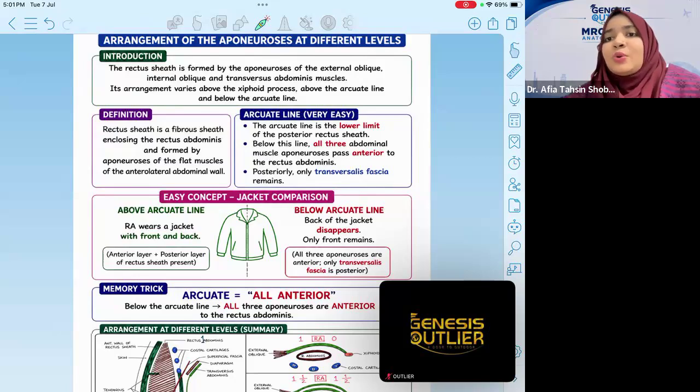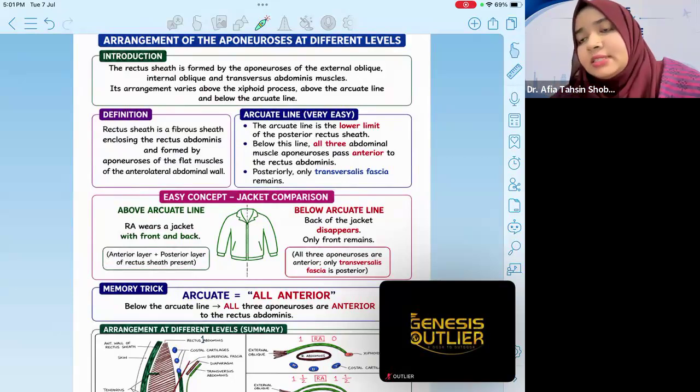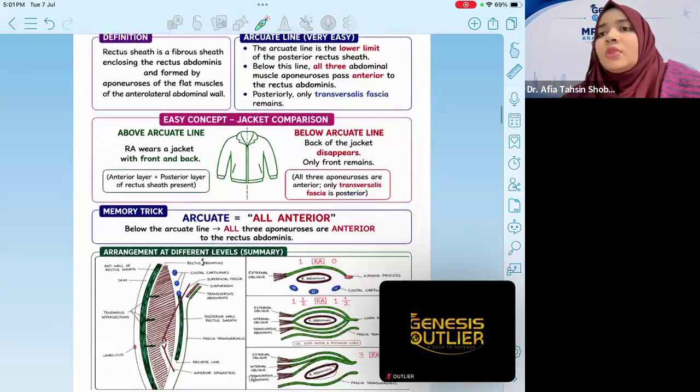So anterior and posterior layers of the rectus sheath are present above the arcuate line. Below the arcuate line, all three aponeuroses are anterior, but posteriorly only fascia will remain. No muscle aponeurosis will be there.